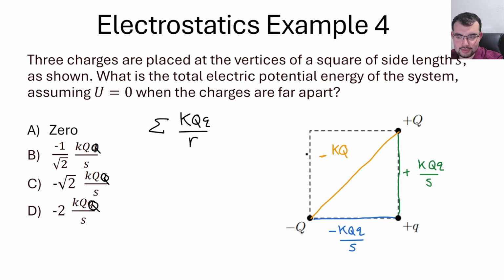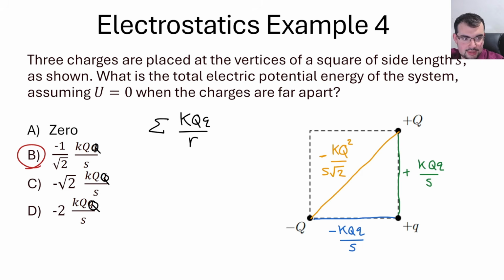KQQ over S. And so it's going to be KQ squared over, what's the distance here? It's not S because that's the side length. So I have a right triangle with S and S. By 45, 45, 90, that's just S times square root 2. Right? The diagonal has to be longer than the side length. So it's answer choice B once I actually make the units work out right.